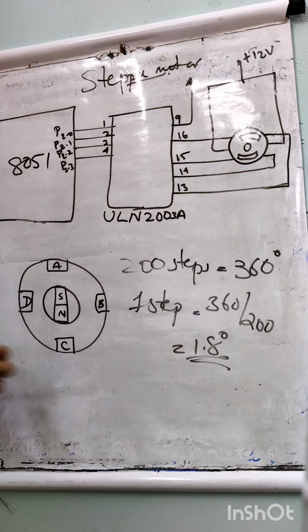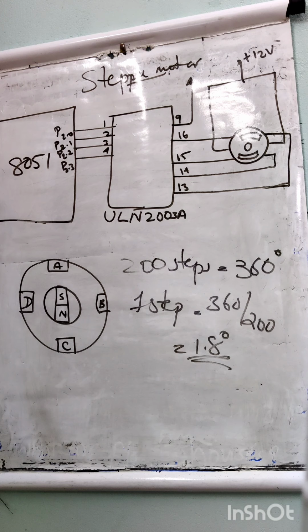This creates magnetic north and south on the stator poles, and the rotor is mounted on a permanent magnet having a permanent S and N marked. The sequence in which the coils are excited to form the poles causes the rotor to attract one pair of stator poles and repel the other, causing motion in the shaft and the load connected to it.